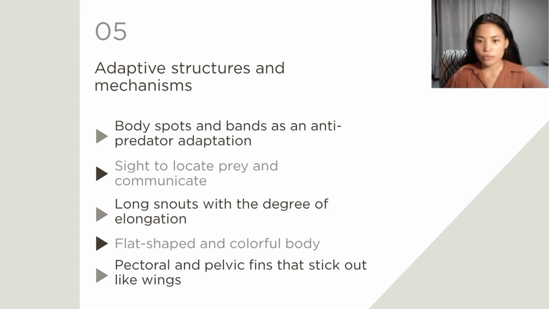Fishes under the families Chaetodontidae, Pomacanthidae, and Zanclidae share almost the same adaptive structures and mechanisms to survive. These include body spots and bands to confuse predators, sight to locate prey and communicate, long snouts with a degree of elongation, flat-shaped bodies, and pectoral and pelvic fins that stick out like wings.